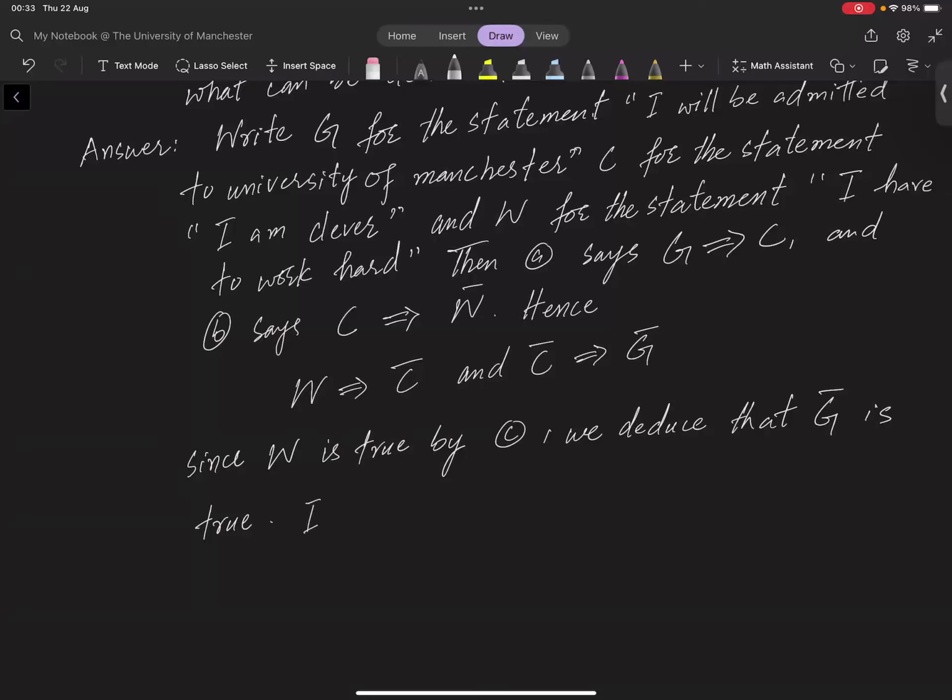So you can say G bar is I will not be admitted to University of Manchester. That is a clear way of using these statements in a proof.